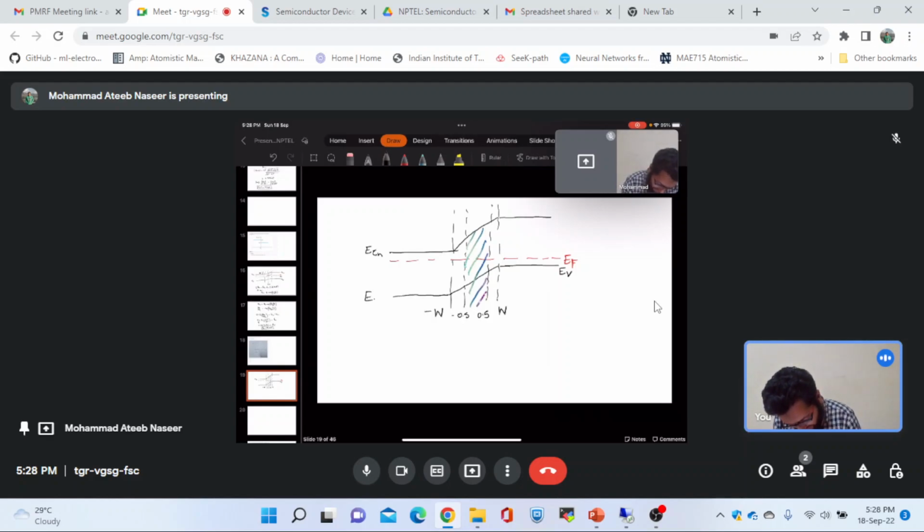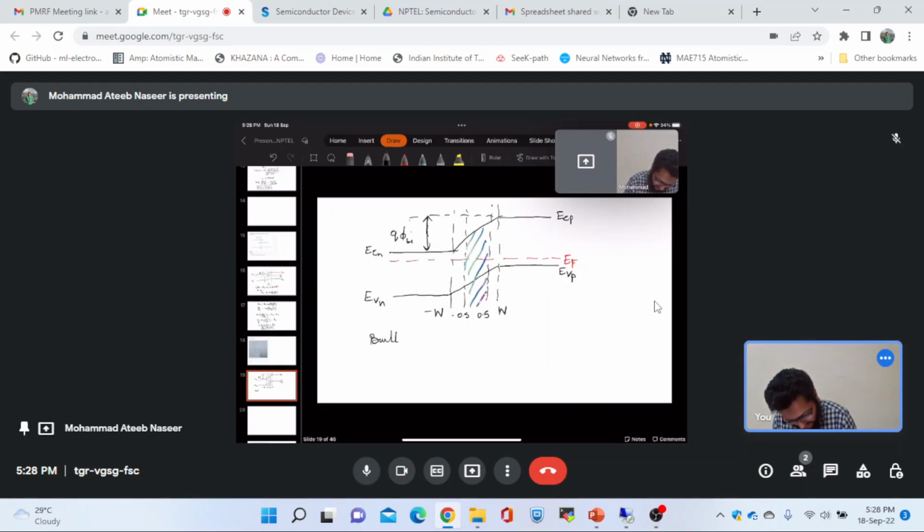And this is EV on N side, EV on P side, EC on P side. Now, if I solve for the built-in potential, this is my built-in potential.